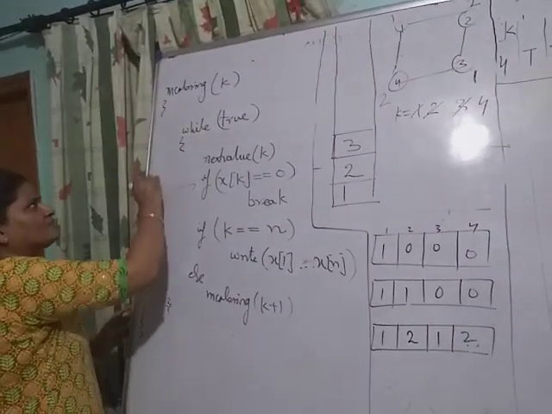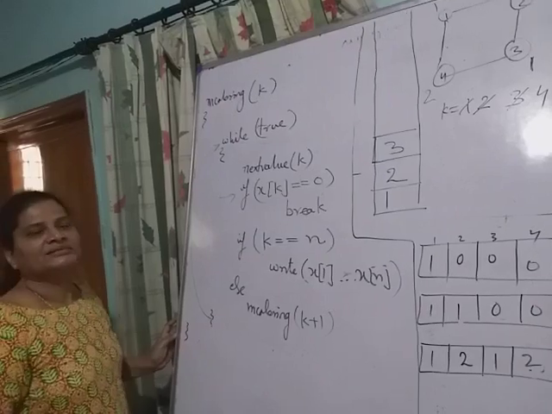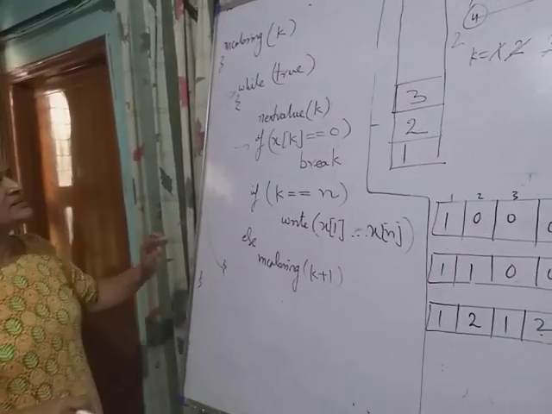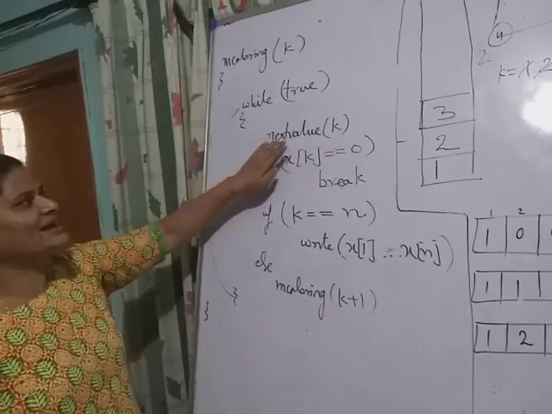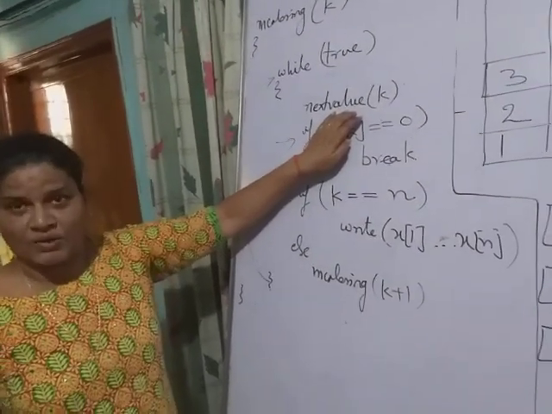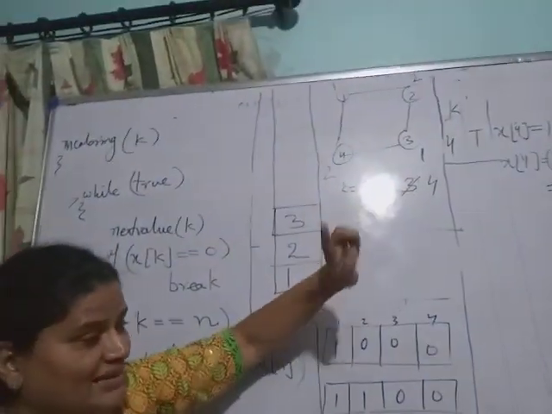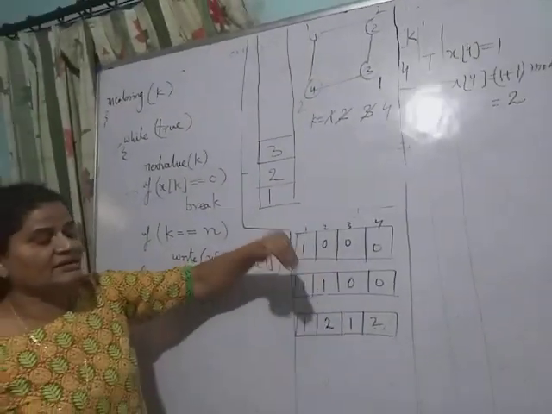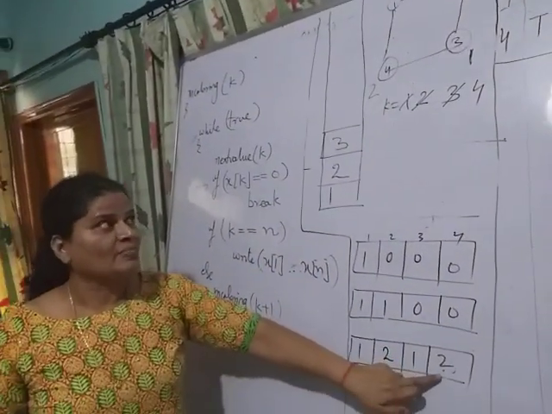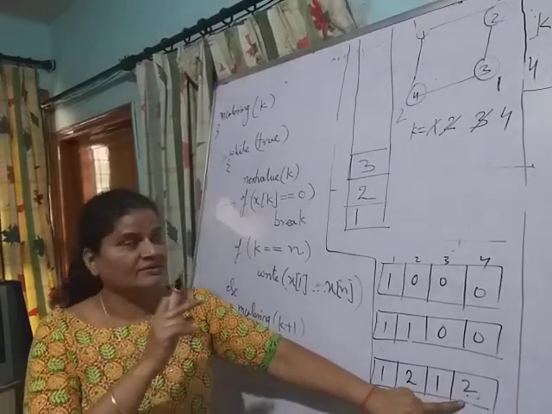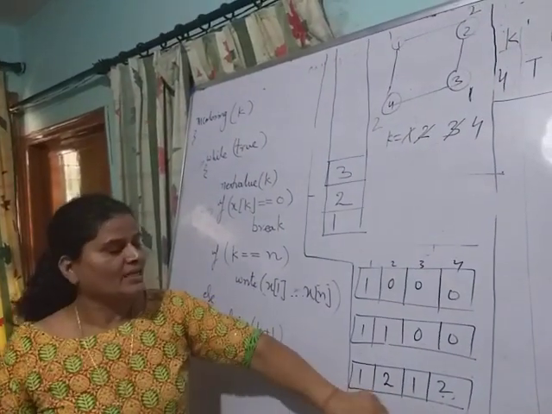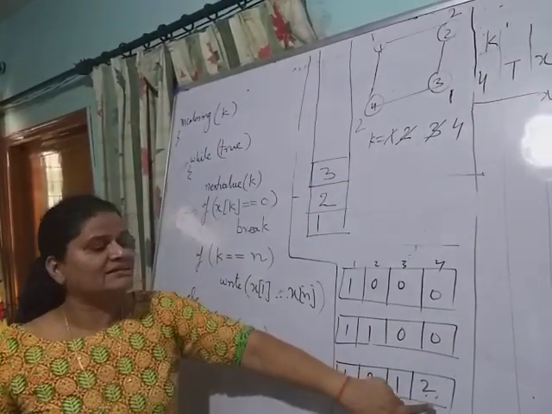this outer while loop. Just in the outer while loop, the next value k again will be called. Means for k equal to 4, the algorithm has tried color 1, which is not feasible for 4, and color 2, which is feasible.